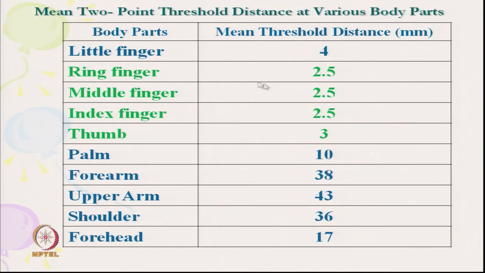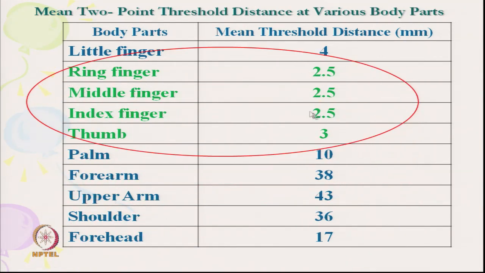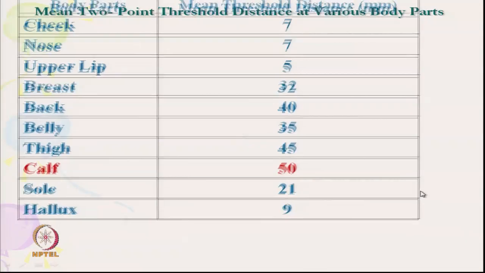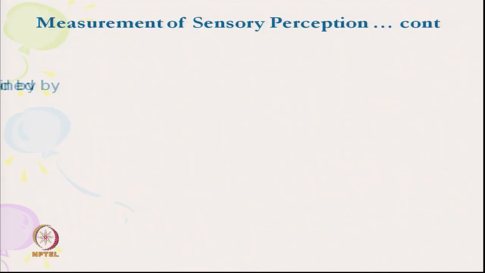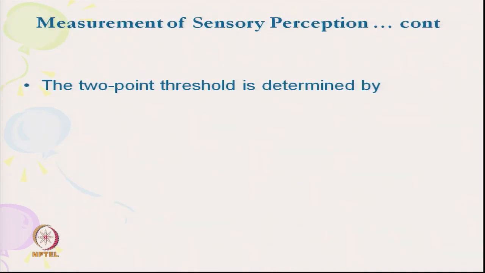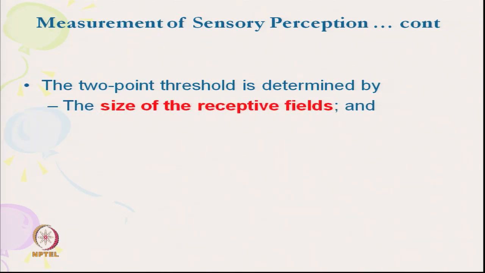Now, if you see it in tabular form, this green color is the finger zone, and it is very low, and at the calf it is high, so the finger sensitivity is very high. The 2-point threshold is determined by the size of the receptive field.